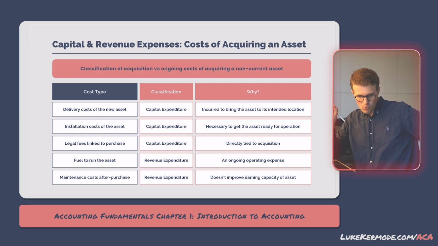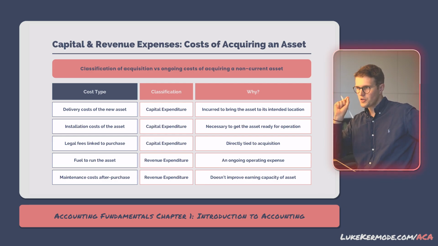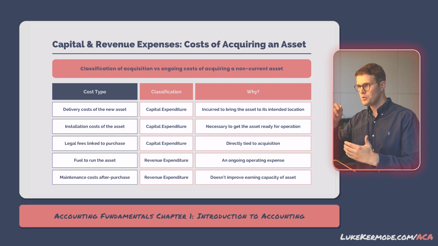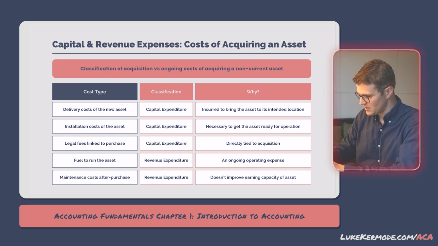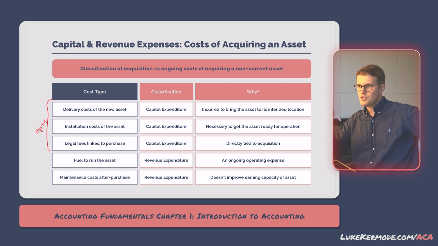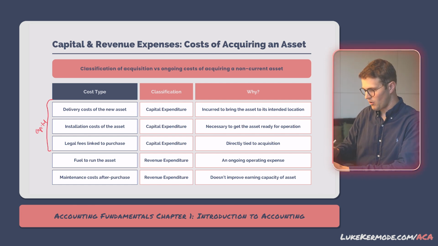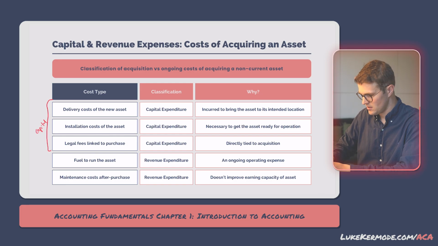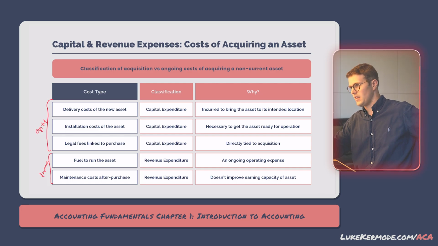So the general rule of thumb around this is that the costs that are directly related to getting the asset ready for use are treated as capital. And they're added to the value of the asset on the balance sheet. But if the cost is part of ongoing maintenance, then it's going to be revenue expenditure, and that goes straight to the income statement.